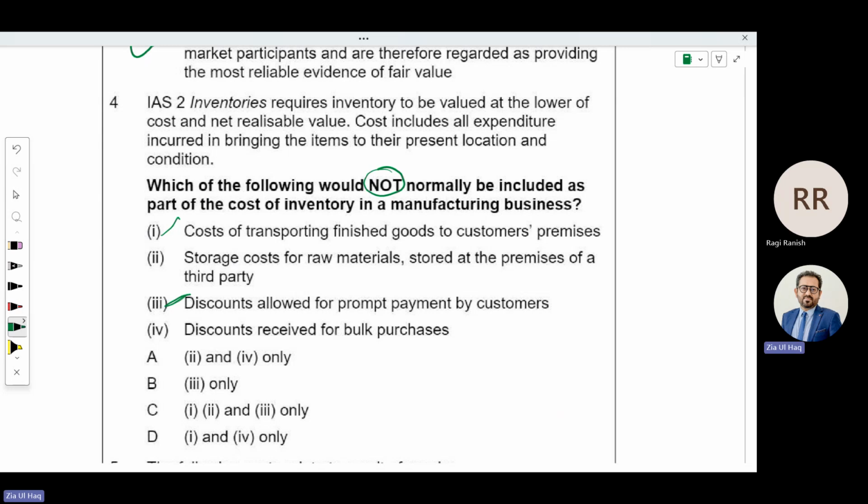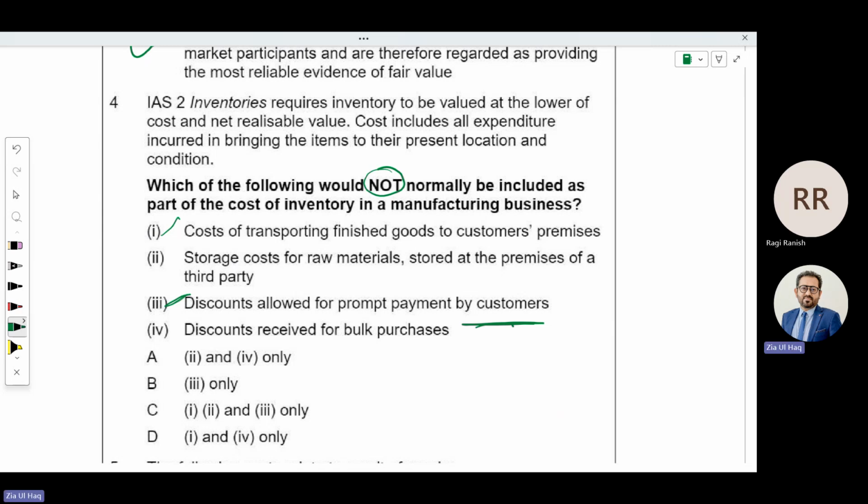But for raw materials stored at the premises of a third party, is it rent expense instead of cost? Because this should be included. The third one. Is there any option 1 and 3 only? No.